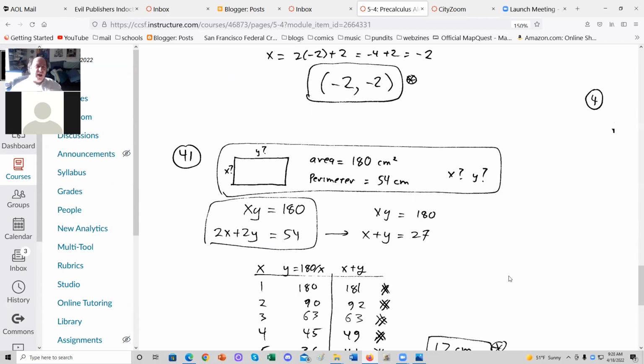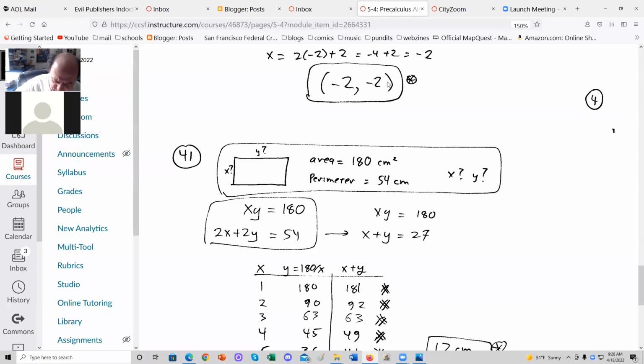Now at this point, I could invent a quadratic and then wind up having to solve this problem anyhow. So find two numbers whose product is 180 and whose sum is 27.